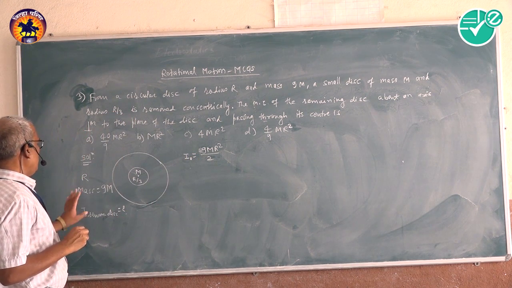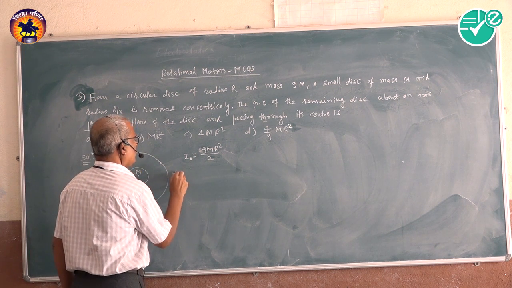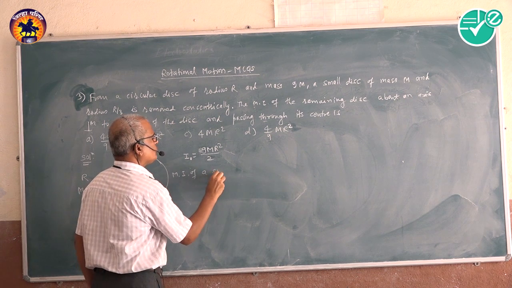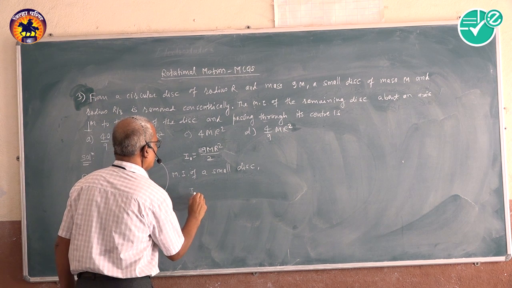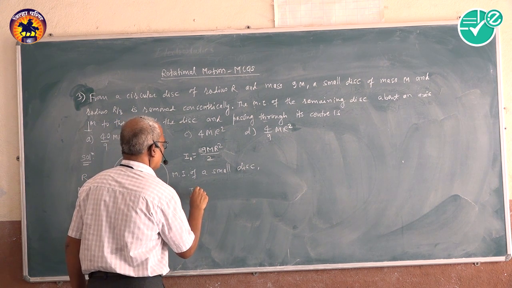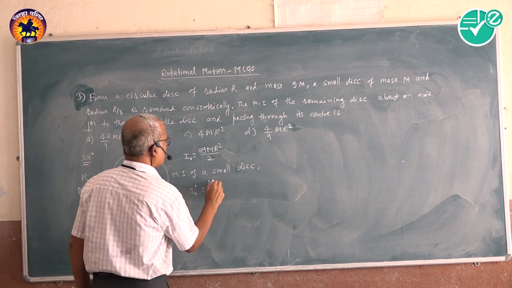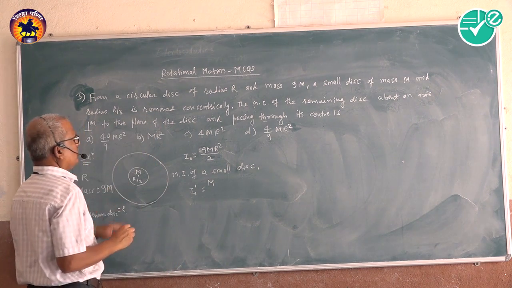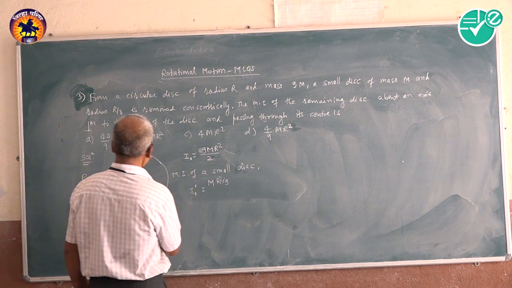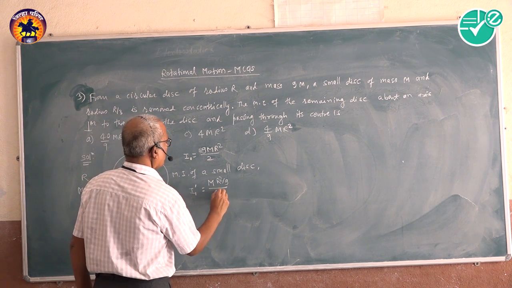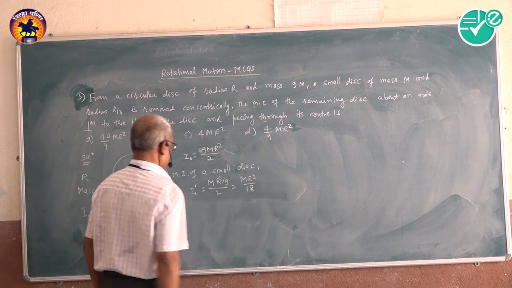Now our aim is to calculate the moment of inertia of the small disc, noted as I1 dash. Its mass is m, and the radius square is R square by 9, divided by 2. So this becomes MR square by 18.